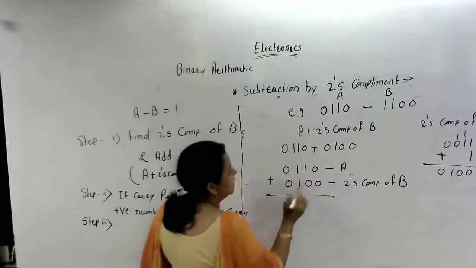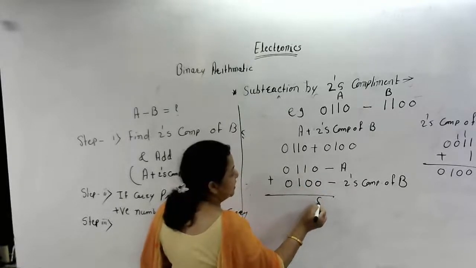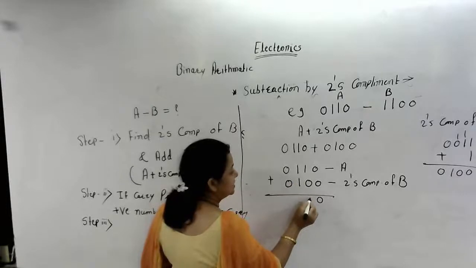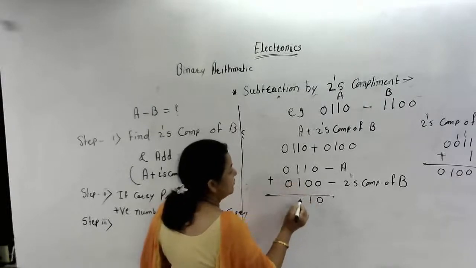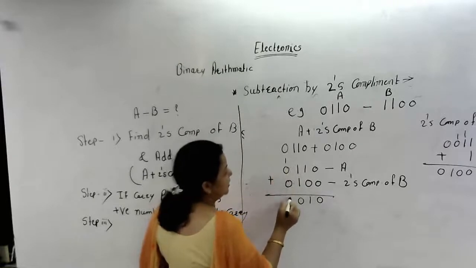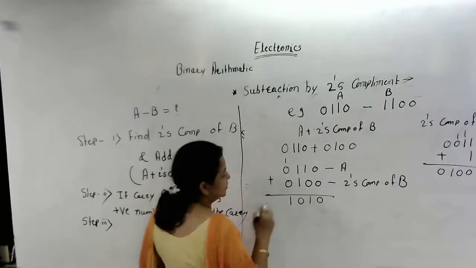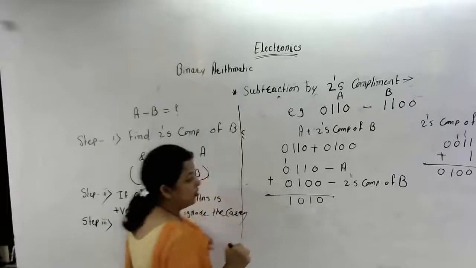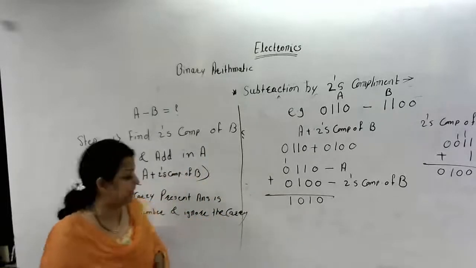Addition is quite simple. 0 plus 0 is always 0. 1 plus 0 is 1. 1 plus 1 is 0, carry 1. And 1 plus 0 is 1. So carry is not present. So what do you understand by carry not present?